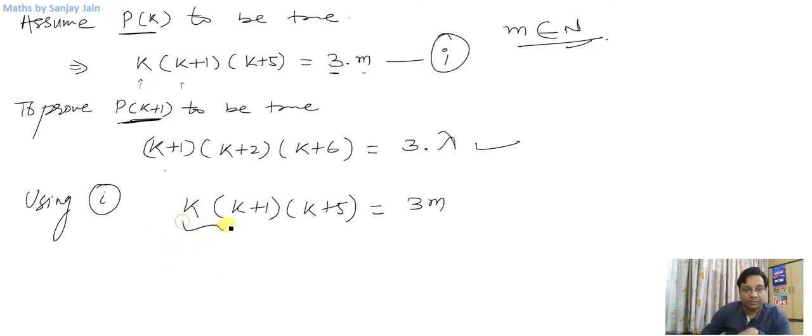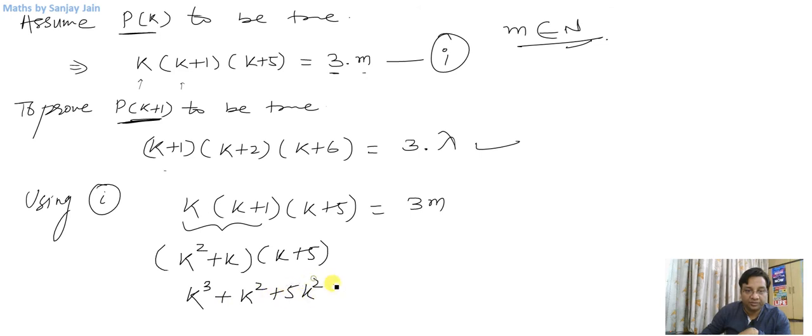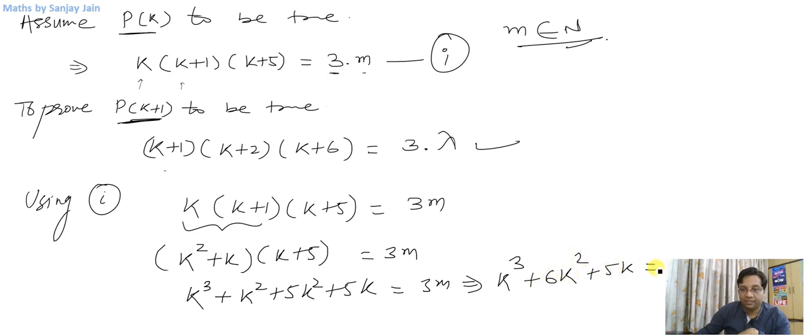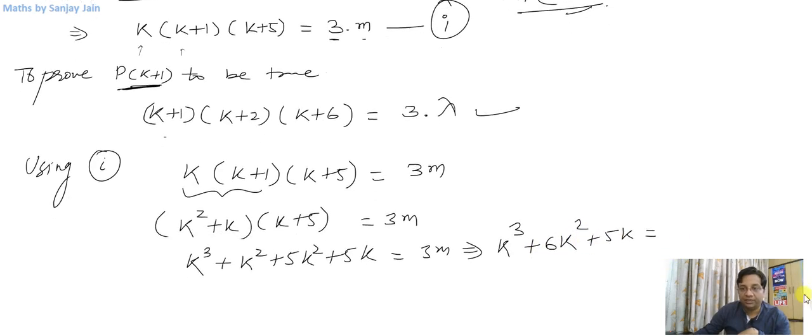So first thing what I am doing is I am multiplying these two, k squared plus k into k plus 5, and then I will multiply these two, k cubed plus k squared plus 5k squared plus 5k, and it is equal to 3m. This is what I have assumed. So which tells me that k cubed plus 6k squared plus 5k is equal to 3m, a multiple of 3.